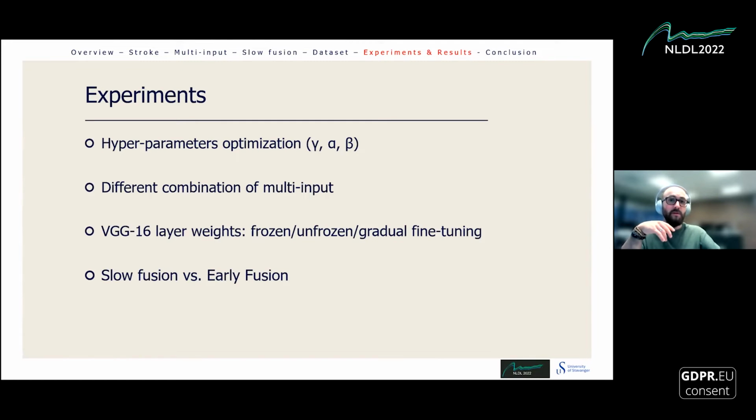We also perform different experiments using a combination of the multi-input that I showed you before. We also changed the layer weights between different settings, between frozen and unfrozen, or a gradual fine-tuning as we define it. And we also perform an additional experiment to see if the slow fusion approach that we use is suitable, or we need to change it to a different approach, such as an early fusion approach.